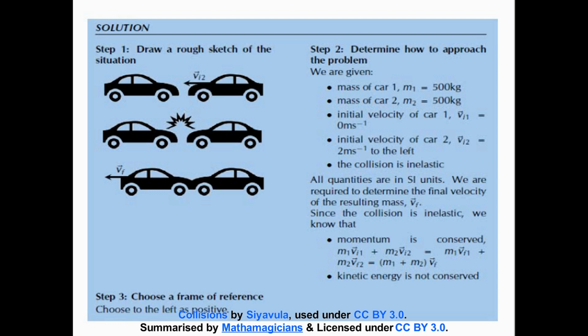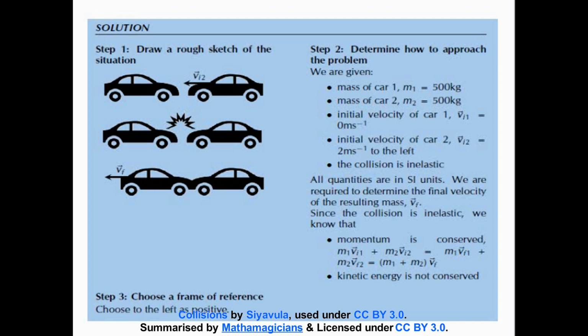Step 2. Let's determine how to approach the problem by writing down what we have been given. The mass of car 1 is 500 kilograms and so is the mass of car 2, m1 and m2 denoting the masses of the two cars respectively. The initial velocity of car 1, vi1, is 0 meters per second.